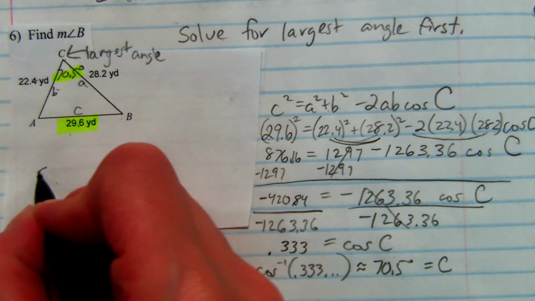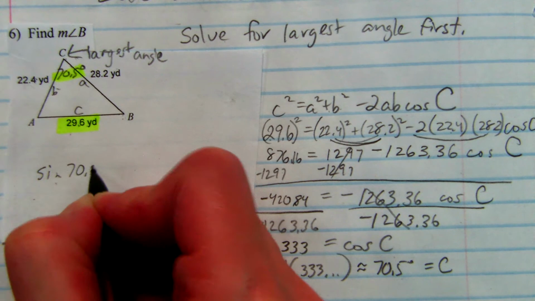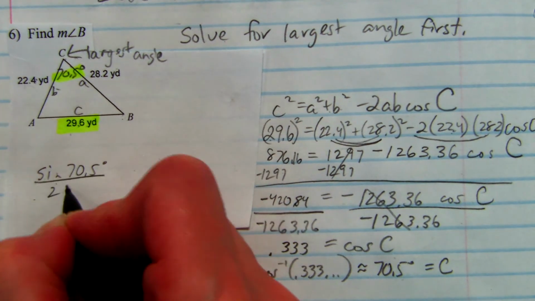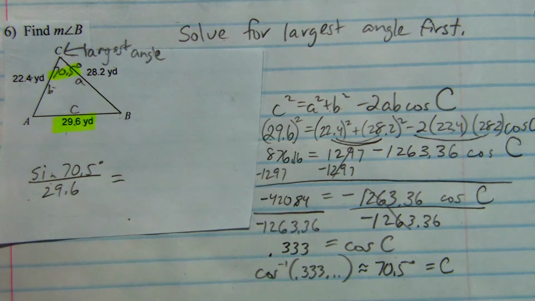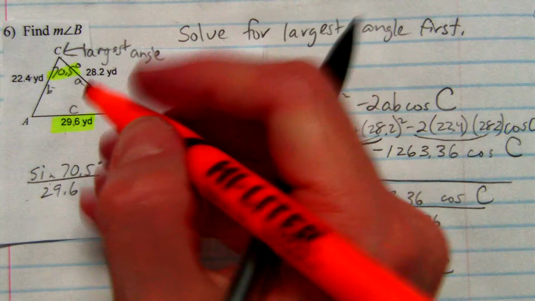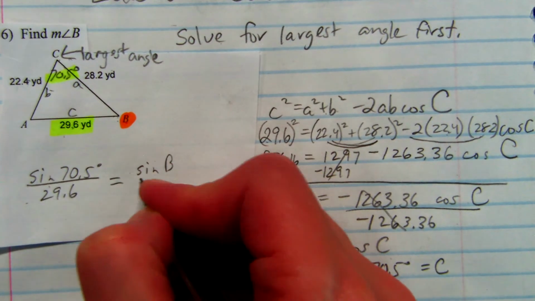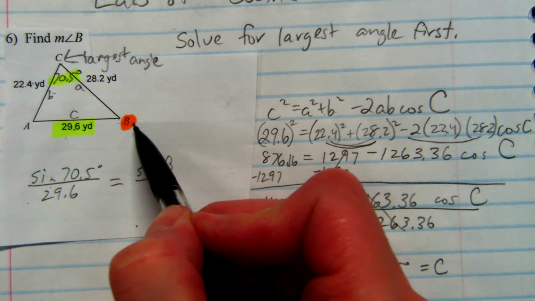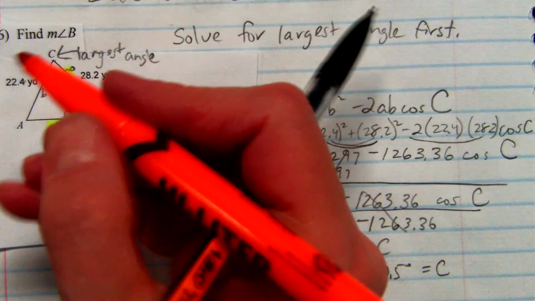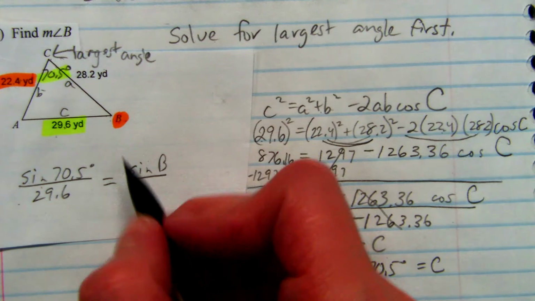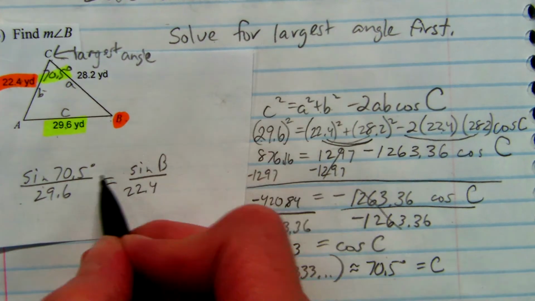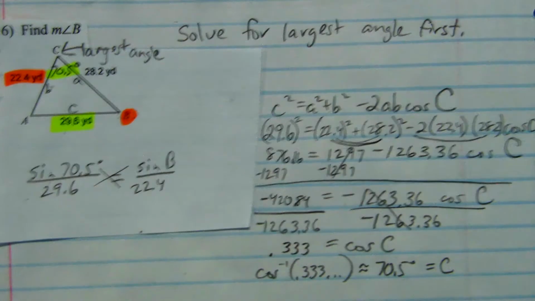So sine of 70.5 over 29.6. And then we want to solve for angle B, which is here. So I'm going to have sine of B over which side? Which side goes with B? 22.4. Good. You guys are smart. I'm just making sure. Which is across from it. And we're going to cross multiply.